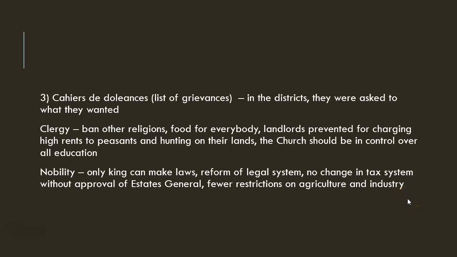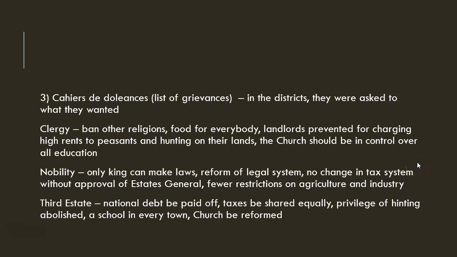Now, what did the nobility want? Basically, the king comes out of the nobility. They wanted the king to be the only person to make laws. They wanted the legal system reformed, and no change in the tax system without the approval of the Estates General. You might want to underline that, because this is what's going to start the French Revolution. And they wanted fewer restrictions on agriculture and industry. And then the third estate wanted the national debt to be paid off.